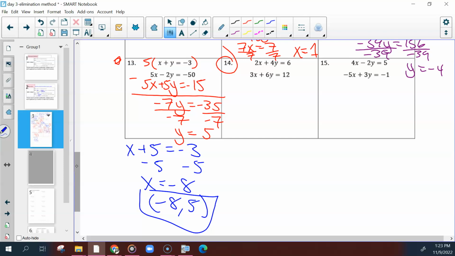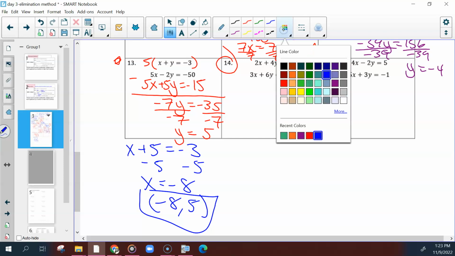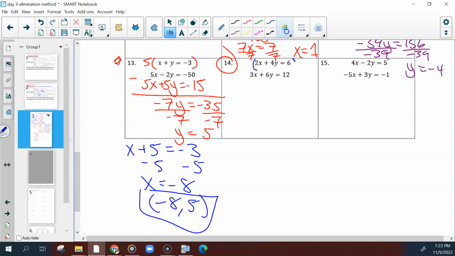Yeah. So 12 would also work. As long as they go into both and you multiply the correct numbers, it doesn't matter. So we have 6x plus 12y equals 18, and 6x plus 12y equals 24.